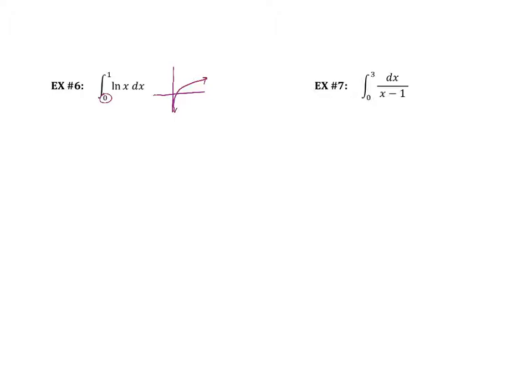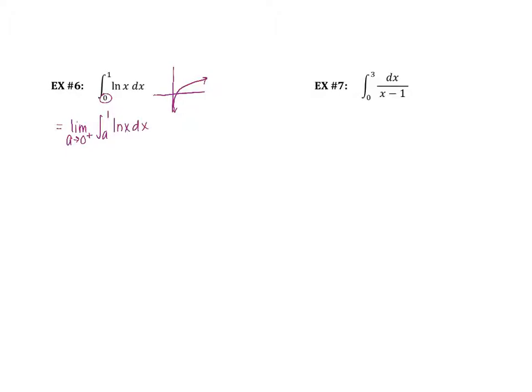So what we need to do when we set this up, we're still going to replace that. We're still going to do a limit, and we're going to call it a approaches 0, but we're going to keep to the right of it because there's nothing really there to the left for us to see. So we have this, and then the integral from a to 1 of the natural log of x dx.